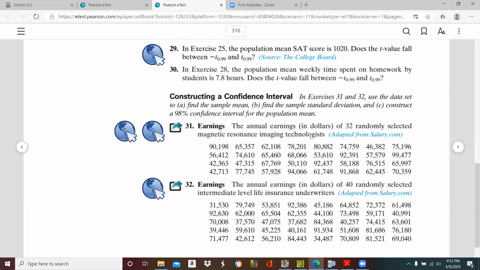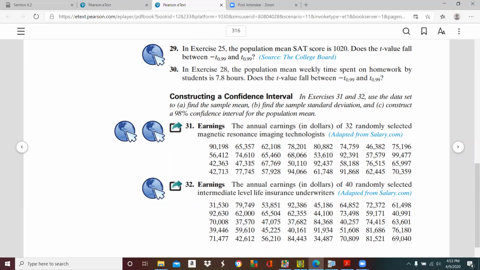These are their salaries, I guess, throughout some area or country. They're randomly selected. Obviously, there are probably hundreds or even thousands of these people all over the country. So we're randomly selecting 32 of them and asking them how much they earn in a year. So these are their salaries.